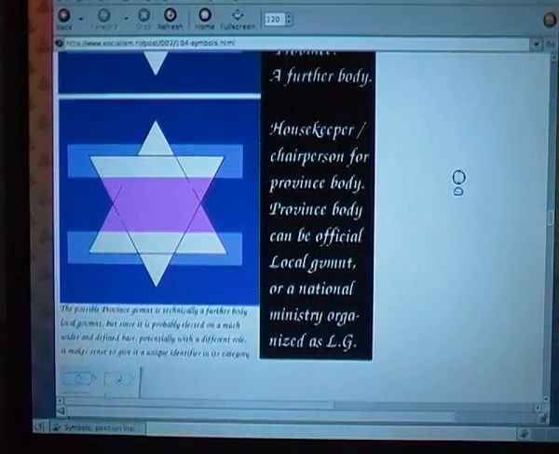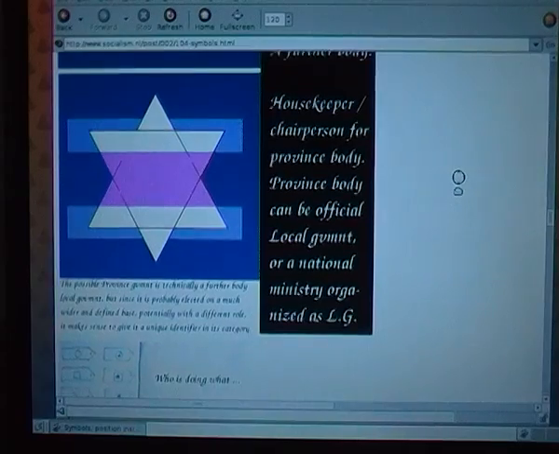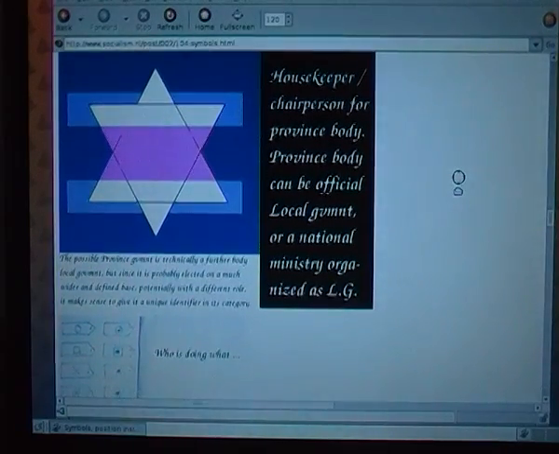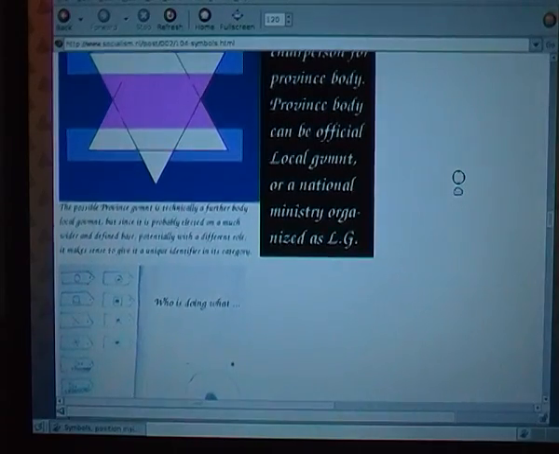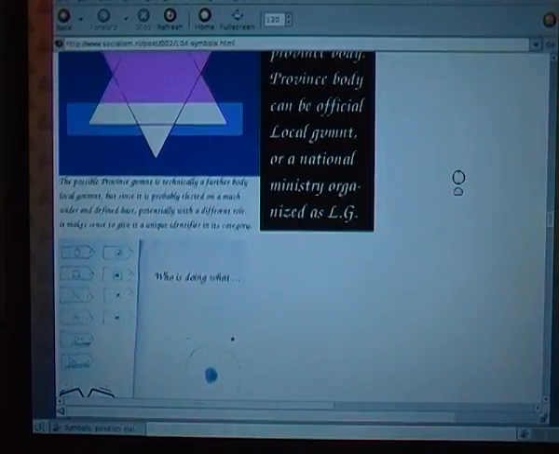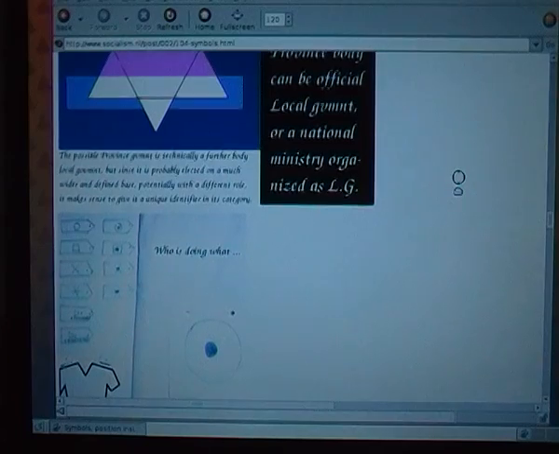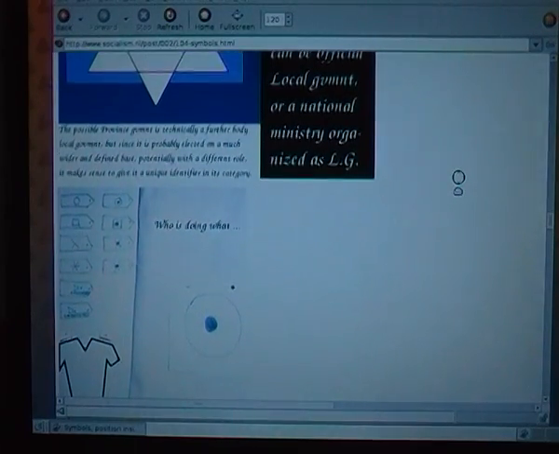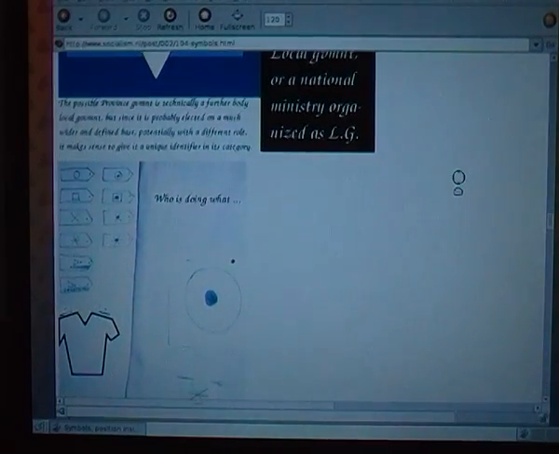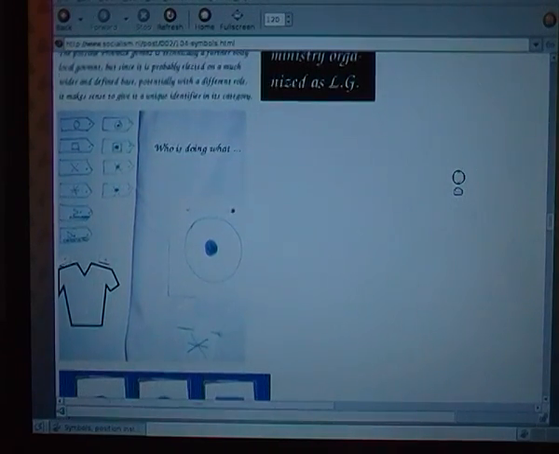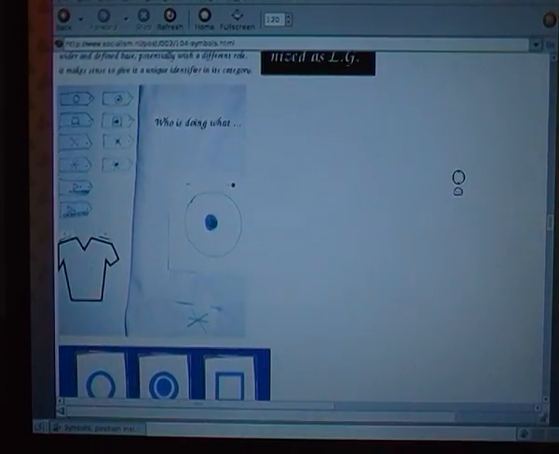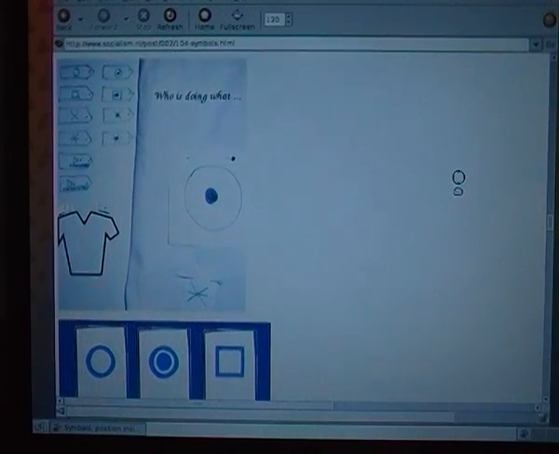This is a chairperson for it. The benefit of having provincial councils is that they are more stable than all the other councils, except the national government, of course, which is also quite stable.